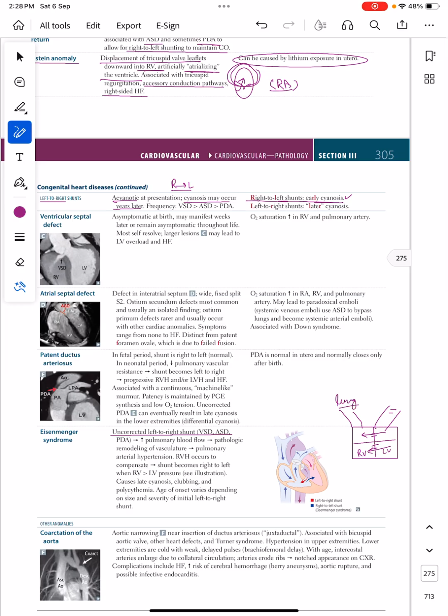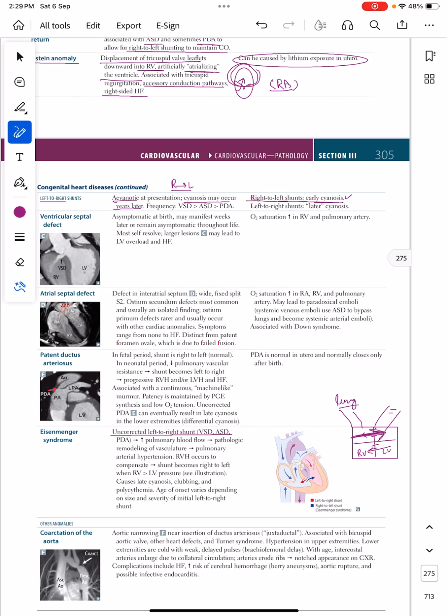This blood increases back pressure in the lungs and the pulmonary vasculature. The pulmonary vasculature becomes thickened, and when the right sided pressure reaches a point where it exceeds the left sided pressure, the shunt reverses and is no longer from left to right but instead from right to left. Whenever the blood moves from the right side to the left side, what will happen? Deoxygenated blood will reach the body, so the shunt reverses and cyanosis develops later in life.